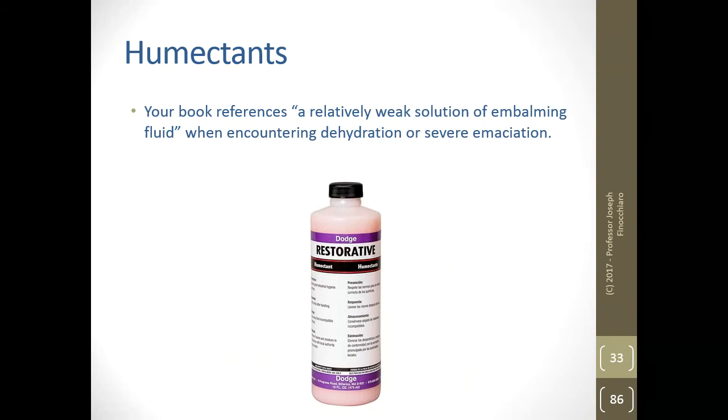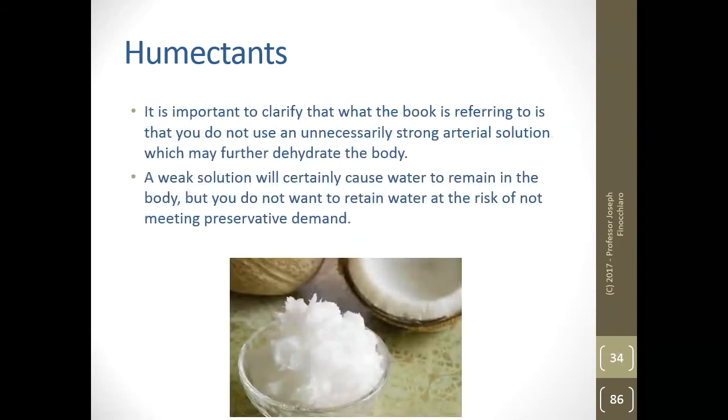Your book references a relatively weak solution of embalming fluid when encountering a dehydration or severe emaciation. I want to address that, because that might lead you astray if you don't know how to understand what it's saying. It's referring to that you do not use an unnecessarily strong arterial solution, which may further dehydrate the body. Okay?